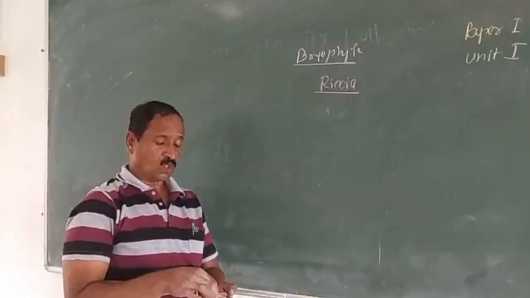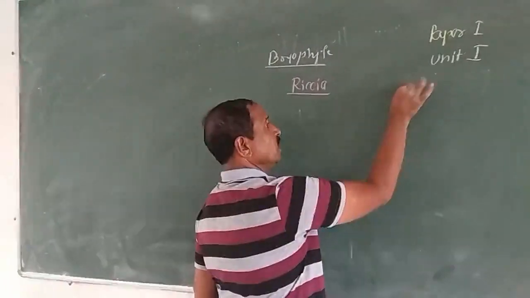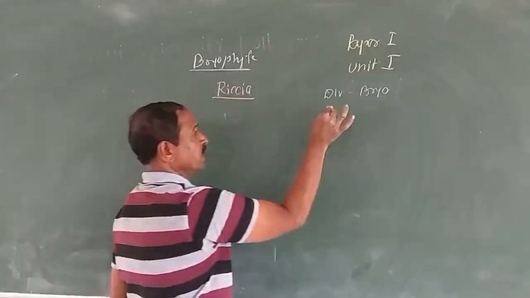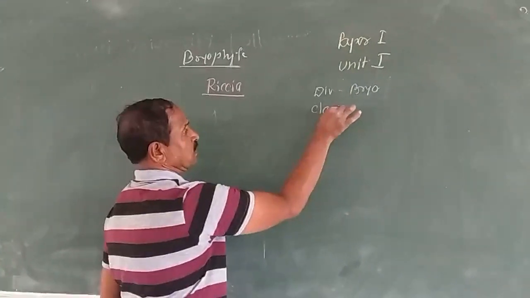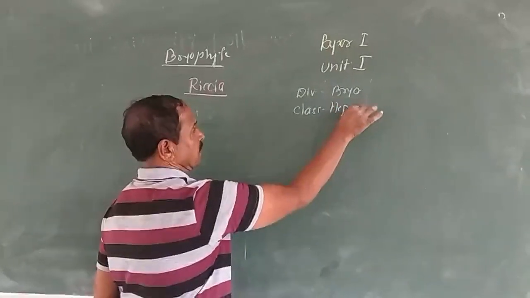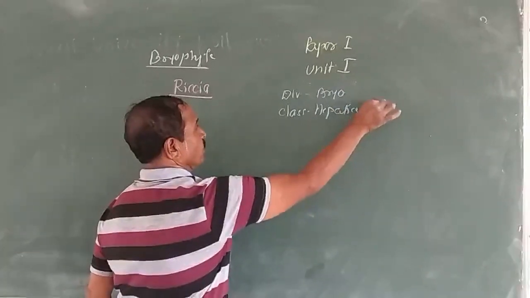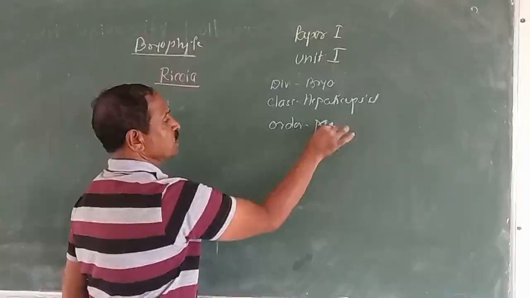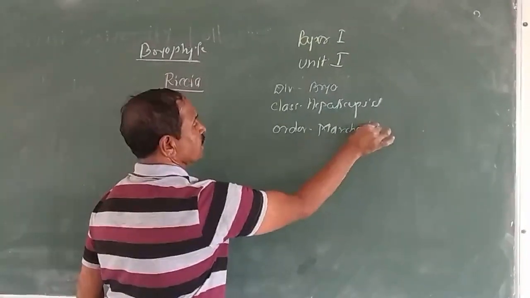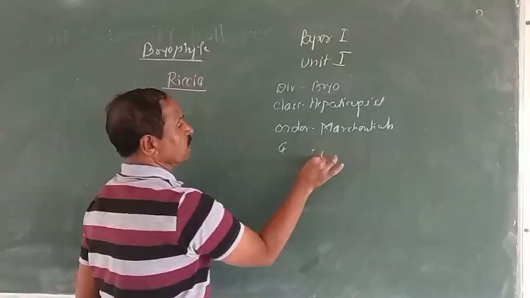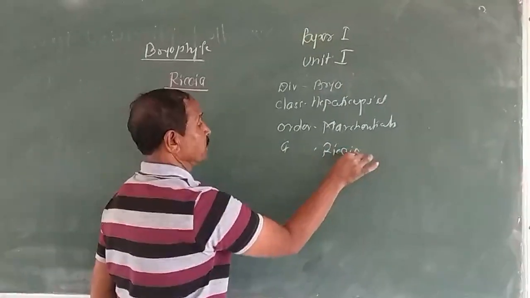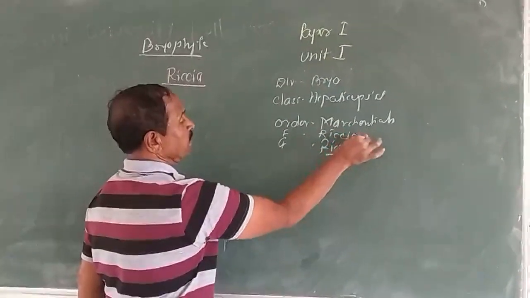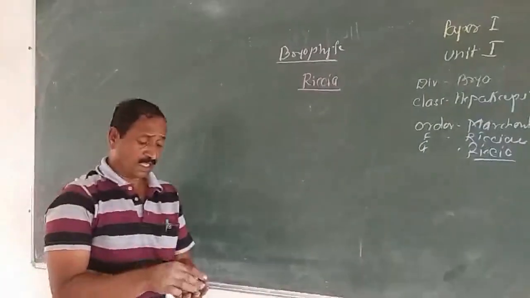Here, classification of the Riccia, that is division Bryophyta, then class Hepaticopsida, then order Marchantiales, and genus Riccia, family Ricciaceae. So this is the classification.